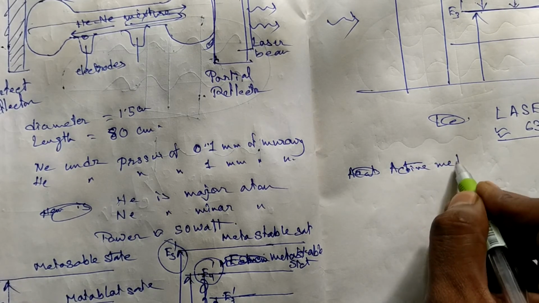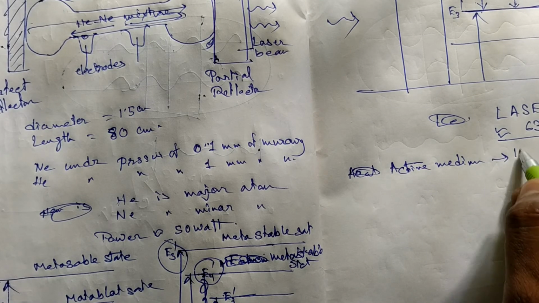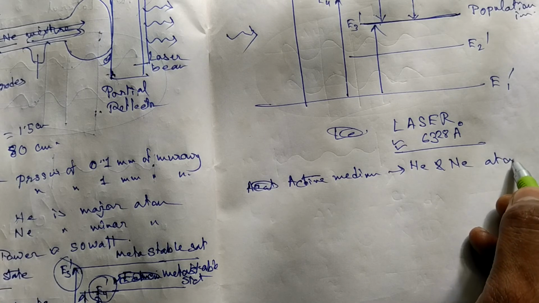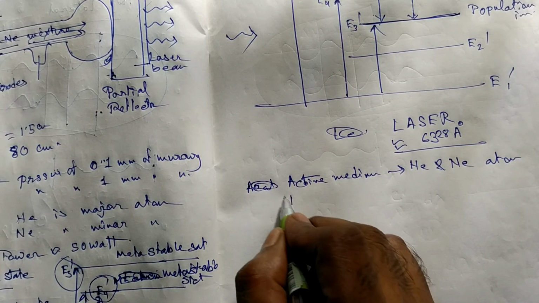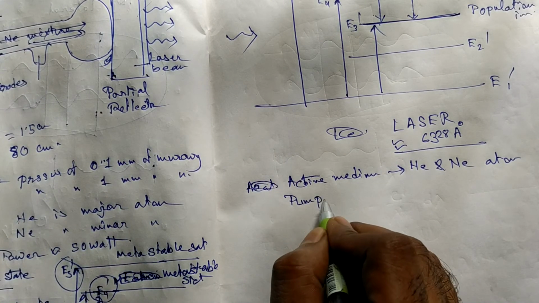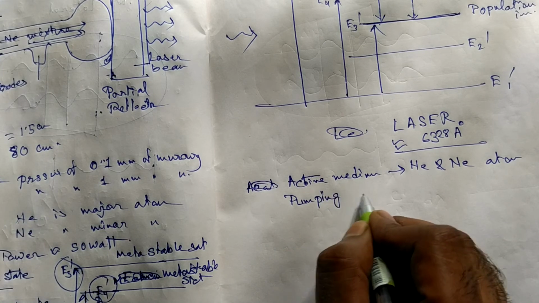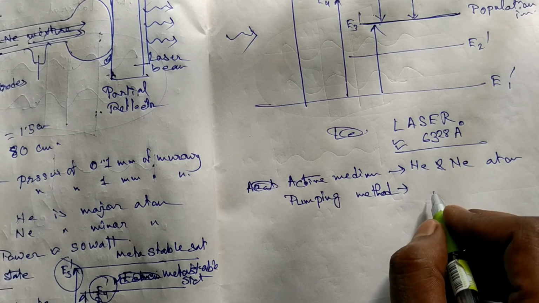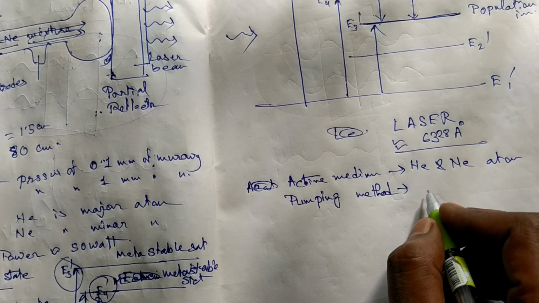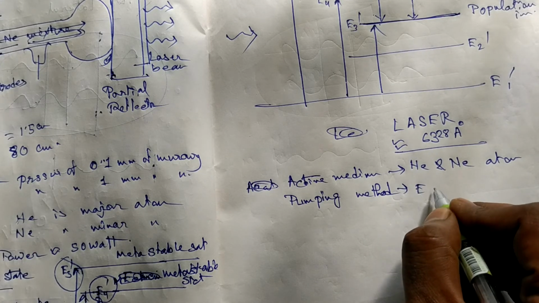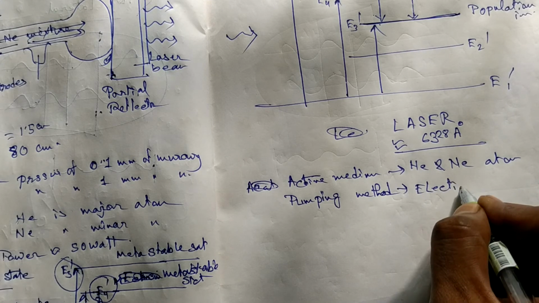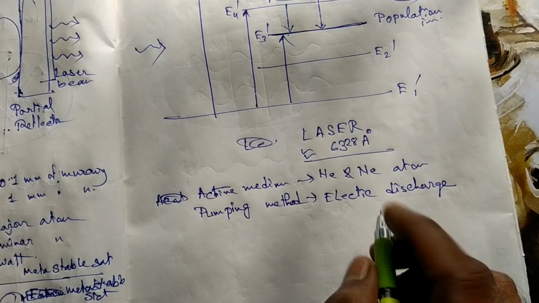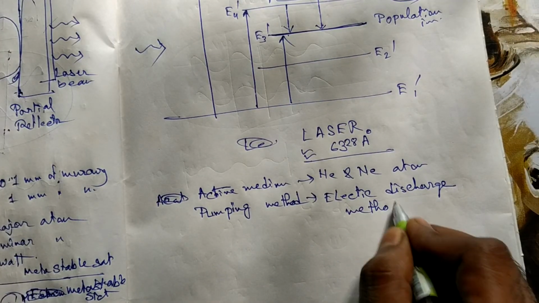The active medium is helium and neon atoms. How is the pumping process? The pumping method: obviously we put some energy from outside through the electrodes, so it is the electric discharge method.